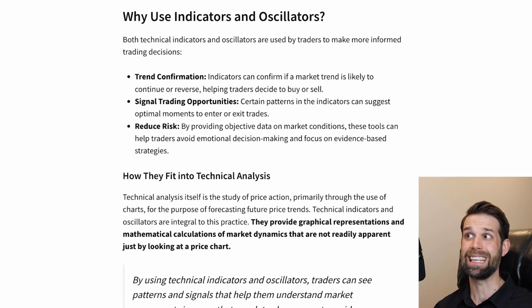Certain patterns in the indicators can suggest optimal moments to enter and exit trades. And they can help you reduce risk as well by providing objective market data rather than you just relying on emotional decision making, which can lead to overtrading and losses. So that's why these indicators are used.